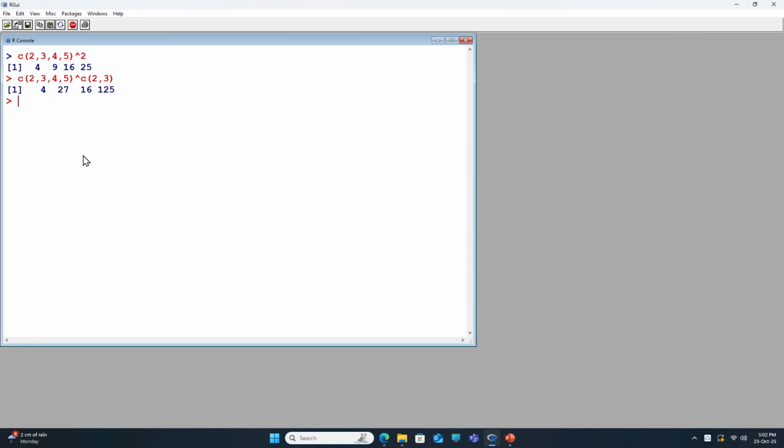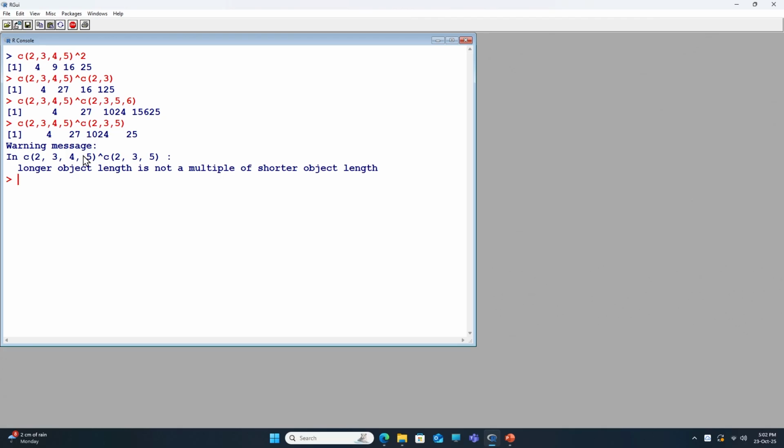Similarly, if you make both data vectors of the same length, it will come out like this: 2 square, 3 cube, 4 to the power of 5 and 5 to the power of 6. And similarly, if you make the data length not an exact multiple, it will give you the answer with a warning message, exactly on the same line as we did earlier.